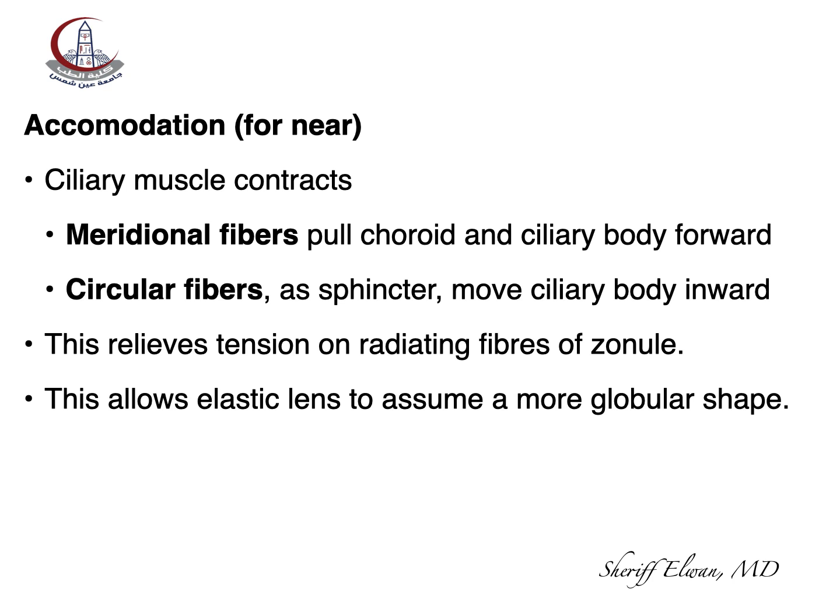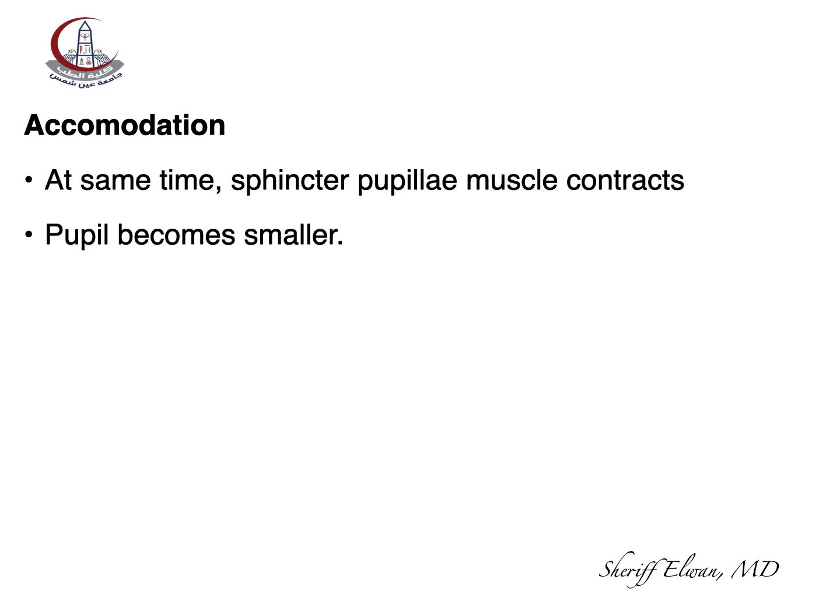This process is called accommodation for near, and simply the ciliary muscle contracts, where the circular fibers act as a sphincter, moving the ciliary body inward, and the meridional fibers pull the choroid and ciliary body forward. This relieves tension on the radiating fibers of the zonule, and this allows the elastic lens to assume a more globular shape, as we said.